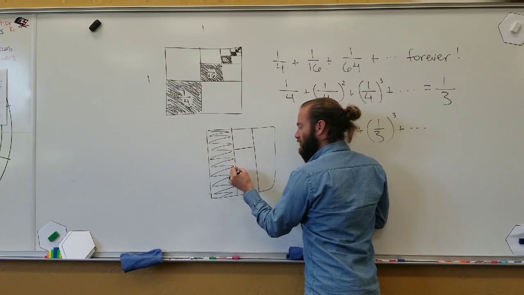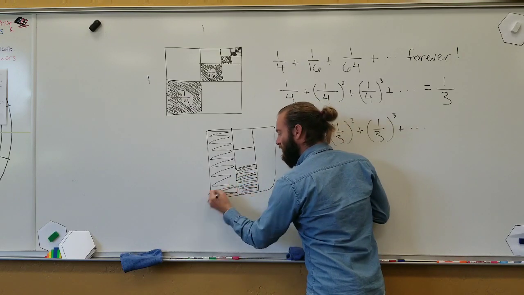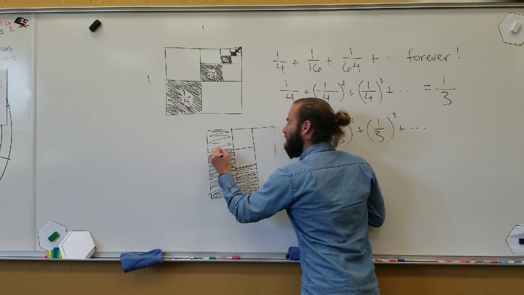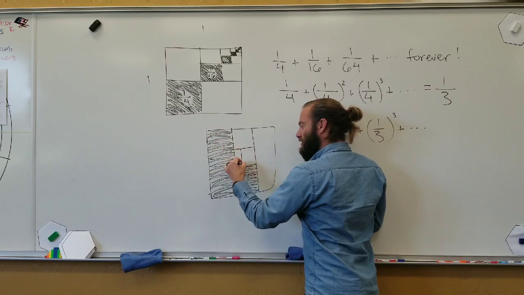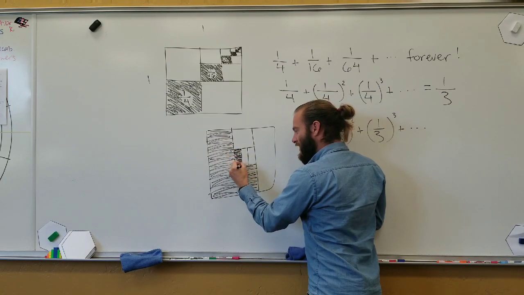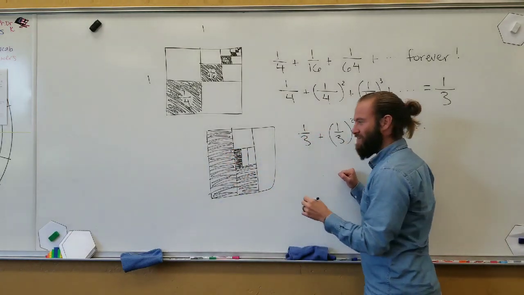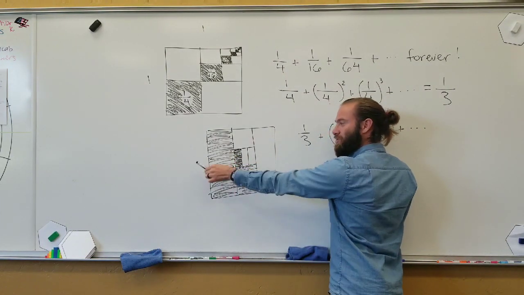Let's split this middle one into thirds and shade in one of those thirds, okay? Then let's repeat, and this seems weird, but it actually works. There's a third of the next level, so this is a third, that's a 9th, this is 1/27 of the whole thing.